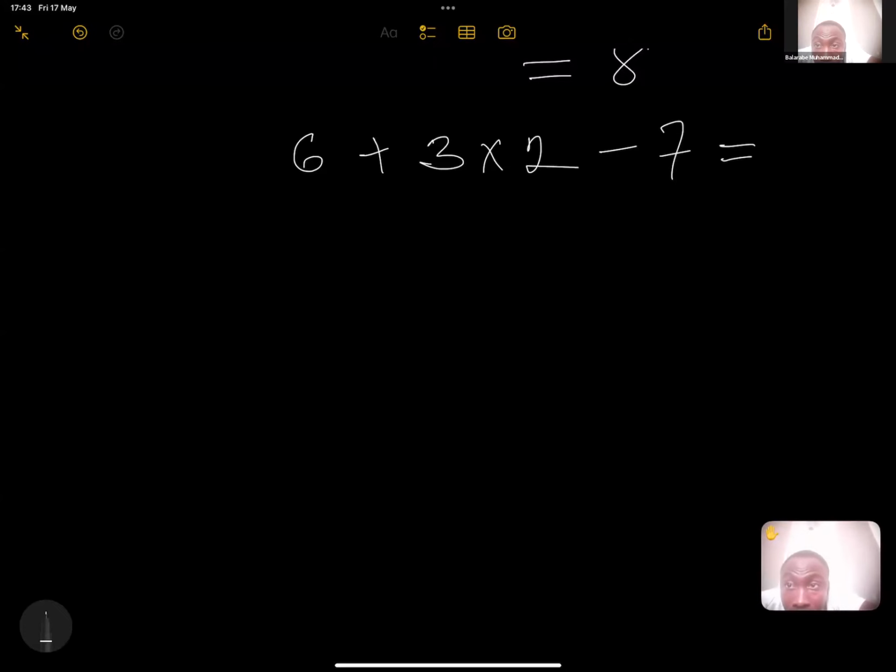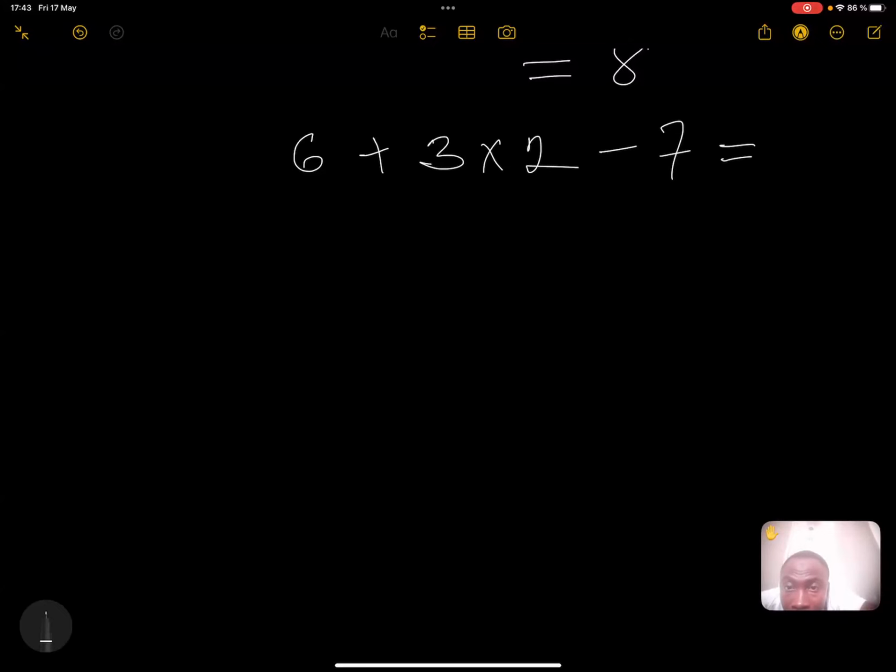In this case, you can see addition, you can see multiplication, and you can also see subtraction. Which of these operations should you do first? Which of these operations, I repeat, should you do first? 6 plus 3 times 2 minus 7. All right? So, which of them should you do first?